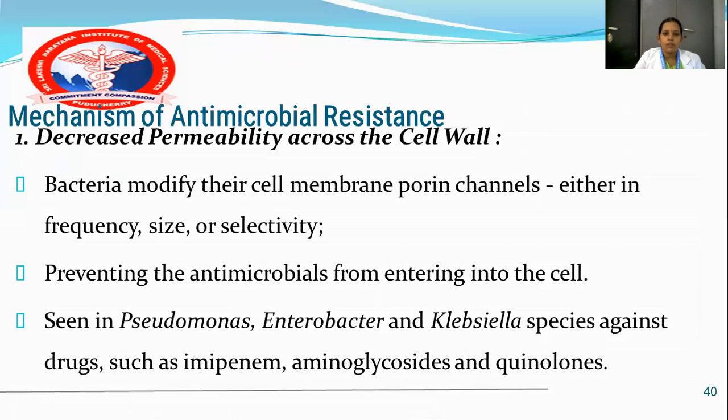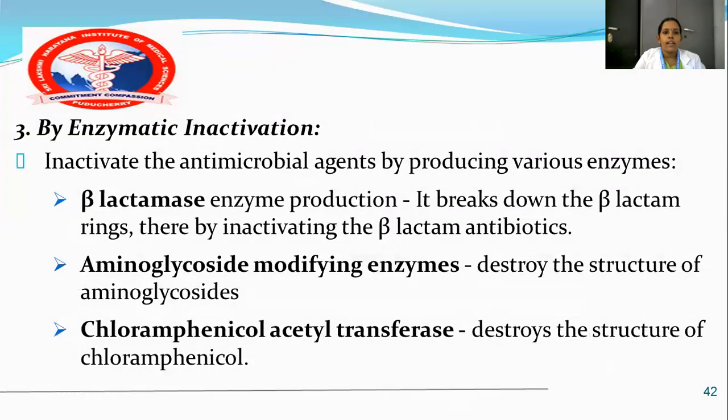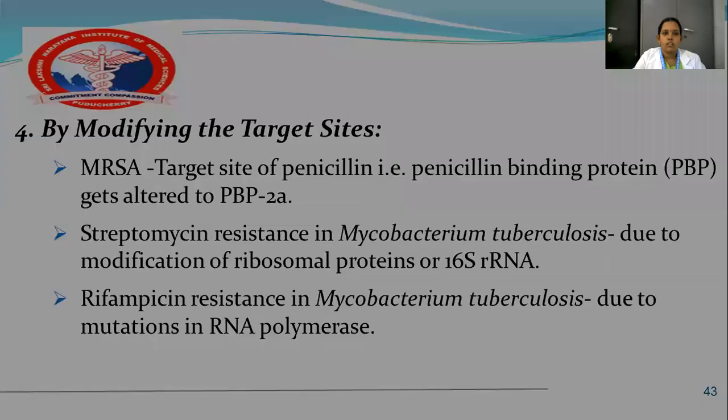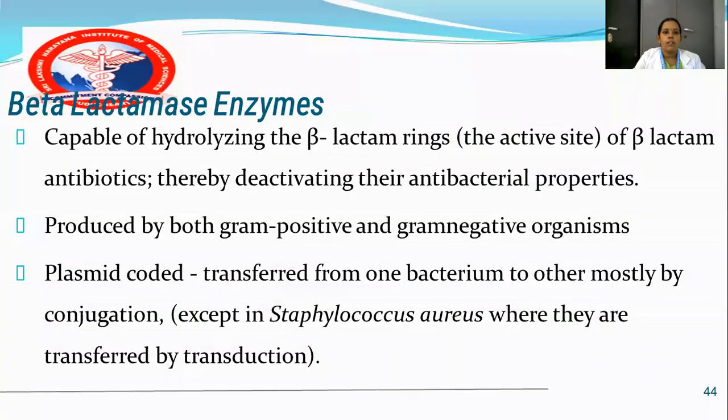So, what are the mechanisms of antimicrobial resistance? Decreased permeability across the cell wall, efflux pumps, enzymatic inactivation, modifying the target sites, and beta-lactamase enzymes. So these are all the antimicrobial resistance mechanisms.